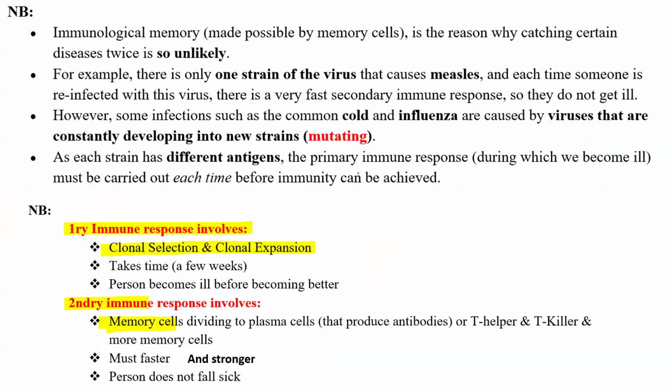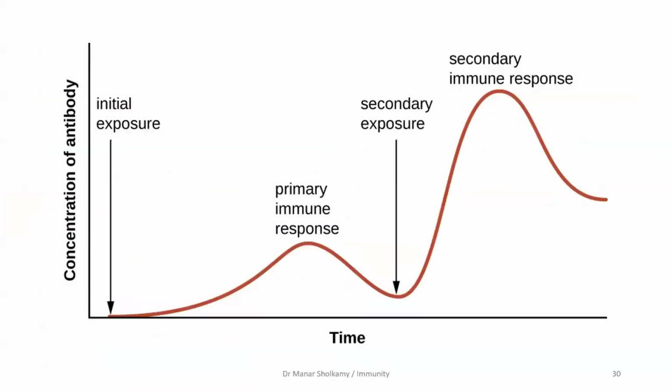Clear? Okay. So here, the primary immune response, clonal selection and clonal expansion. Clonal selection and expansion is in the primary, not the secondary. The secondary, you only start with the memory cells. Memory cells will take action and their action will be very quick and very strong. Is this now clear? This graph, is it clear? Okay.